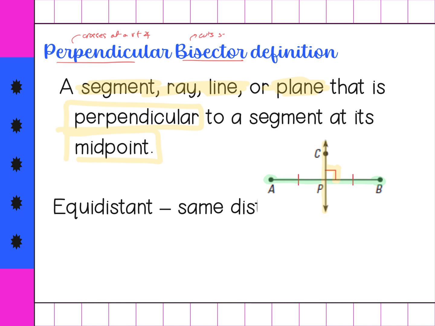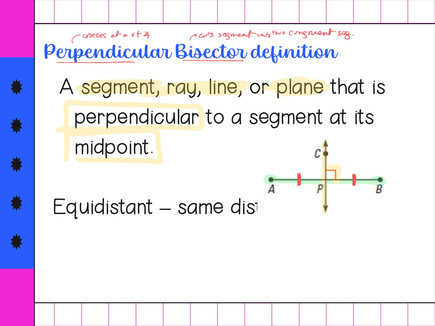So it cuts the segment in half, or even better, into two congruent segments, right? Because as soon as it cuts it in half, you know that AP is going to equal BP.